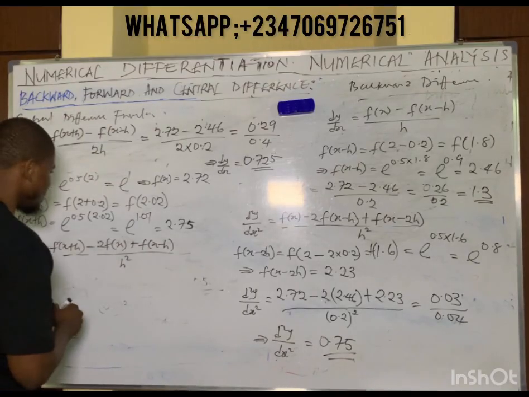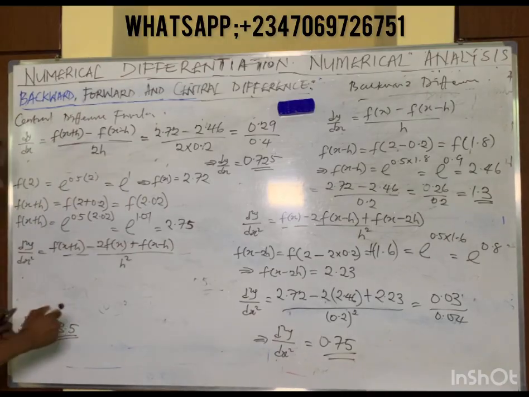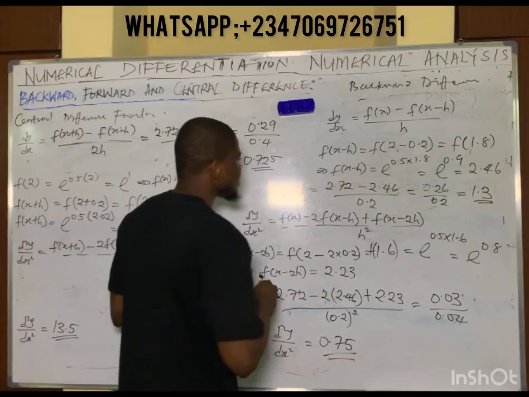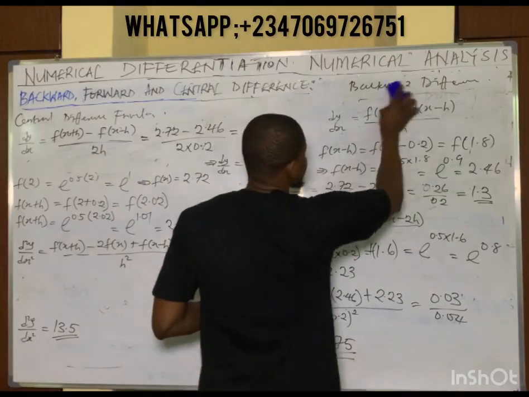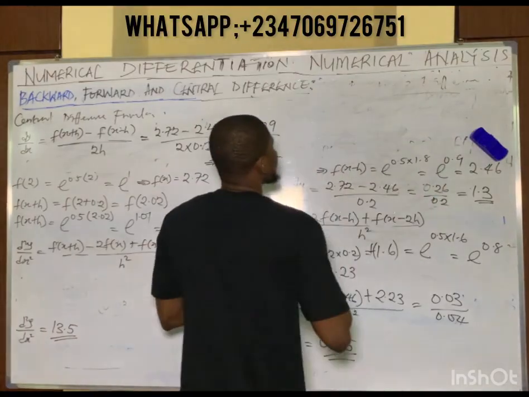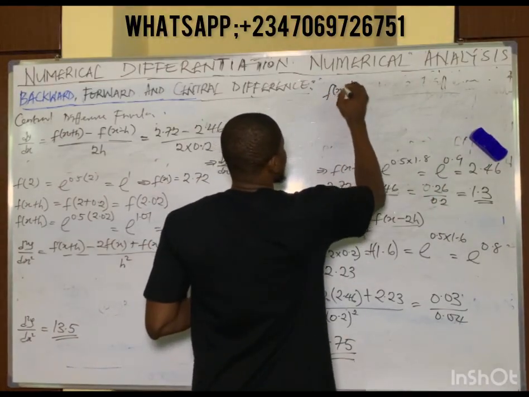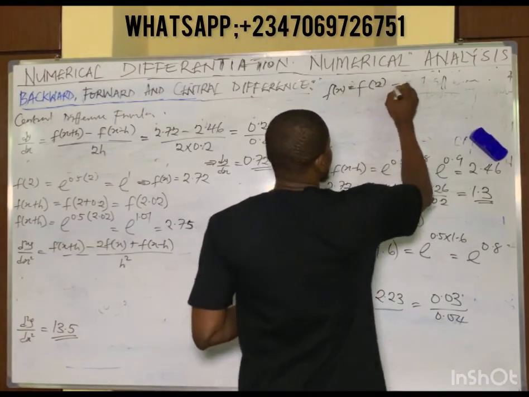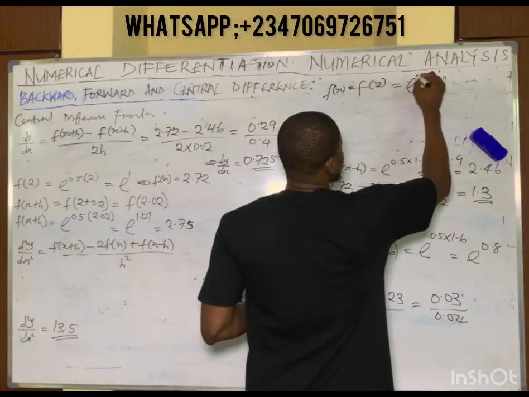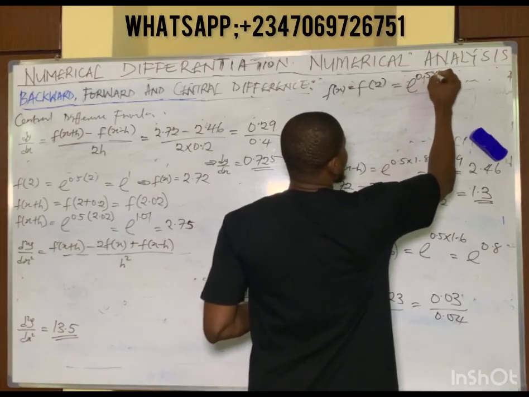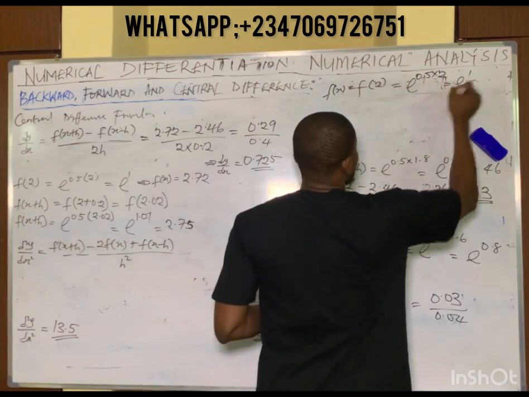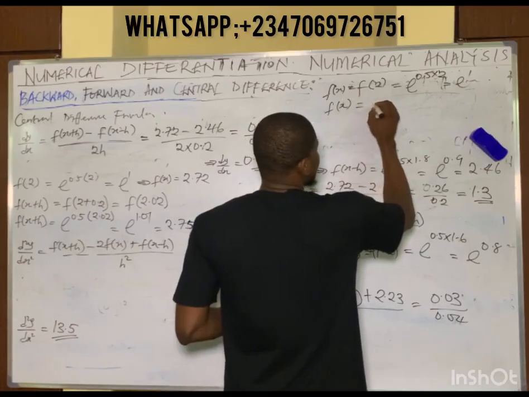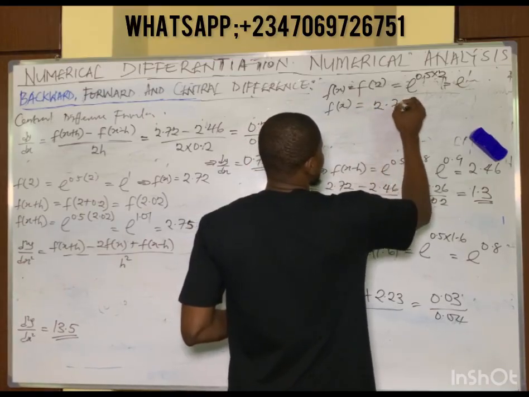I think we haven't yet found f of x, but we can get that from the function itself. Let's do that over here. f of x is exponential 0.5 multiplied by 2, which is exponential 1. So f of x is exponential 1, and that gave us 2.72 approximately.